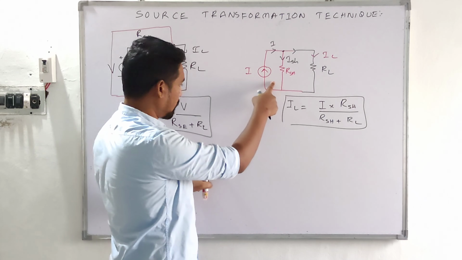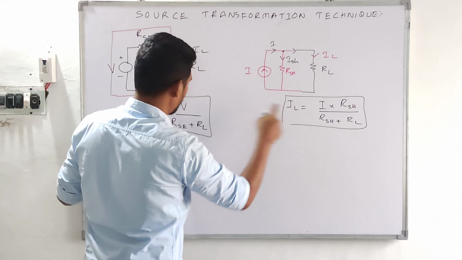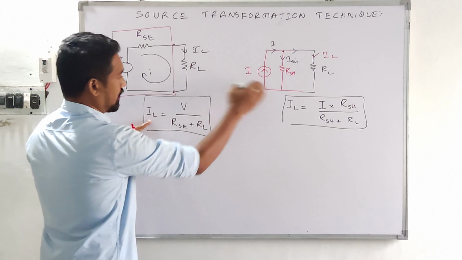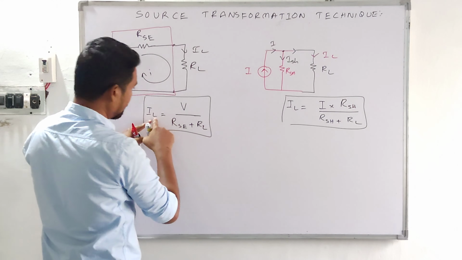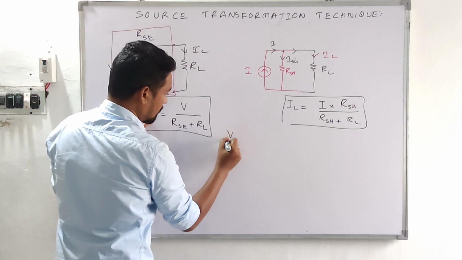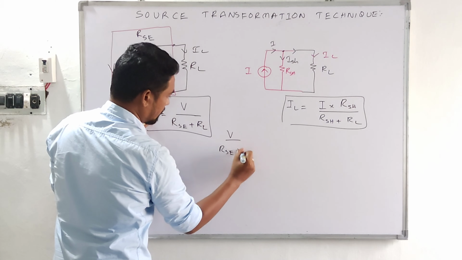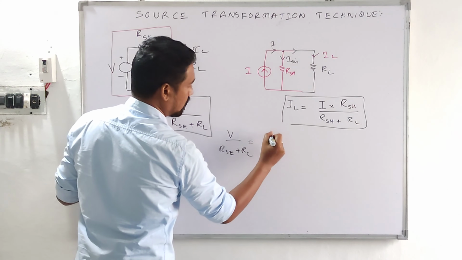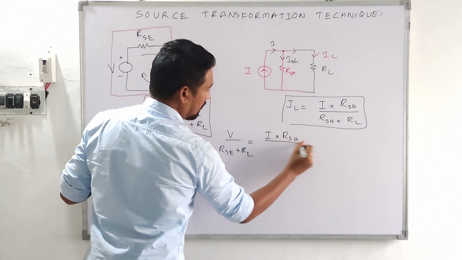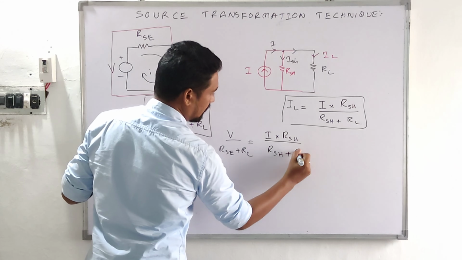Now guys, this is IL from this network and this is IL from that one, so these two are equal with respect to the two networks. So V by RSE plus RL will be equal to I into RSH upon RSH plus RL.